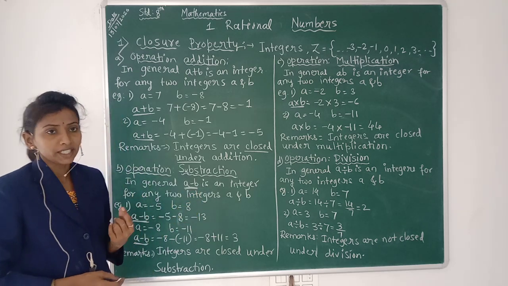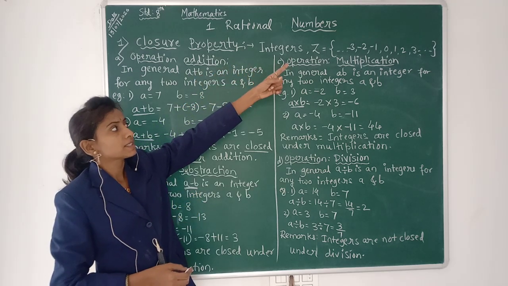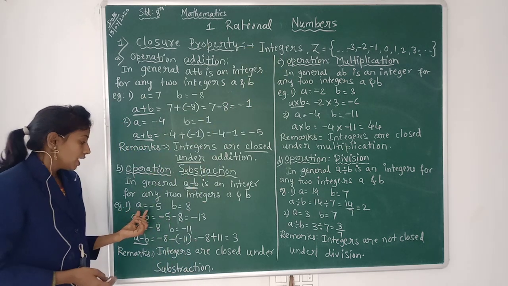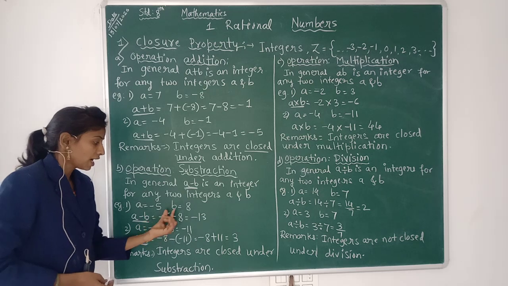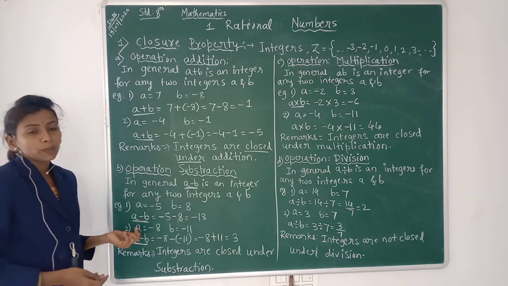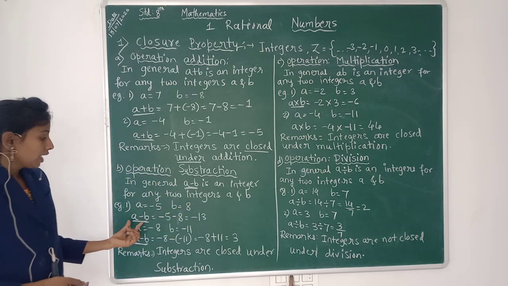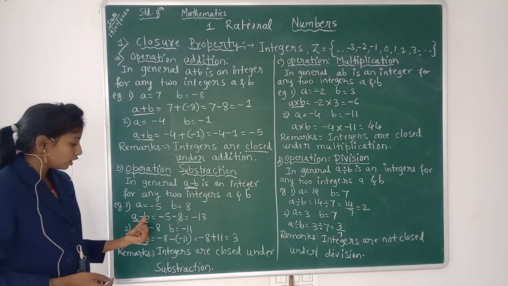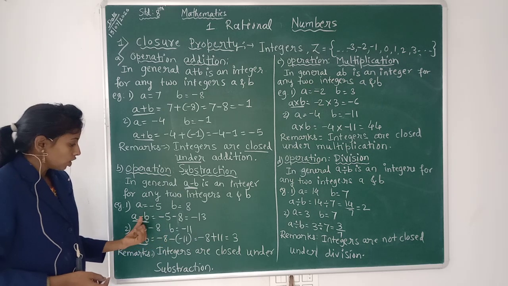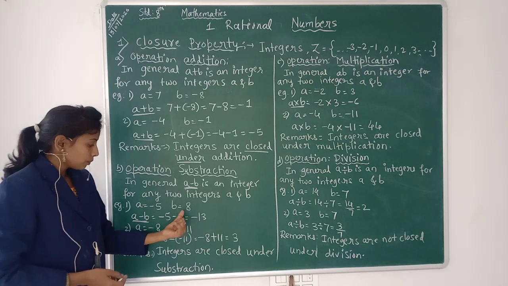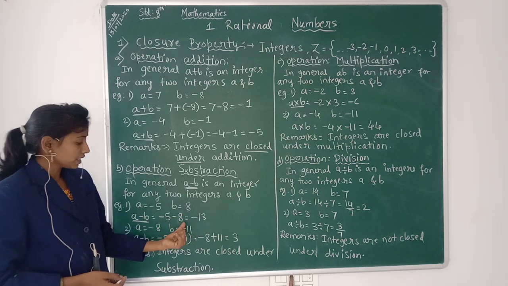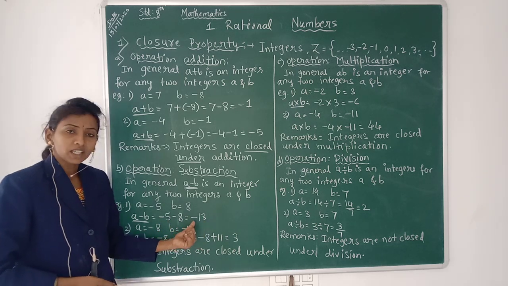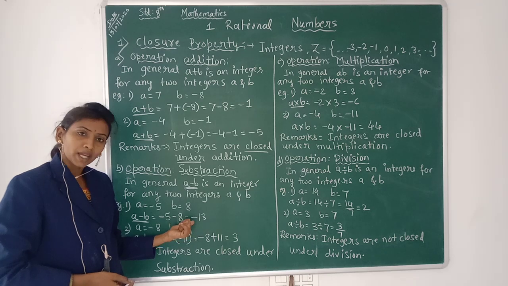In the first example I have taken a is equal to minus 5 and b is 8. a minus b is minus 5 minus 8. Both are negative, so we add and keep the minus sign, that is minus 13.